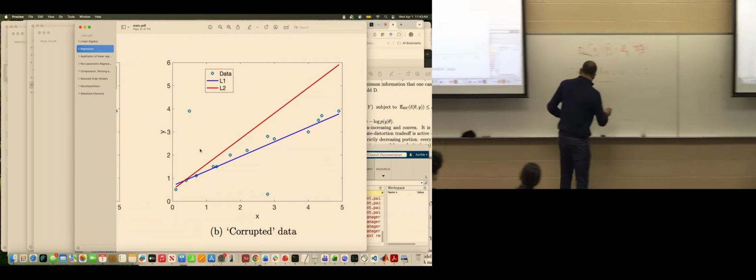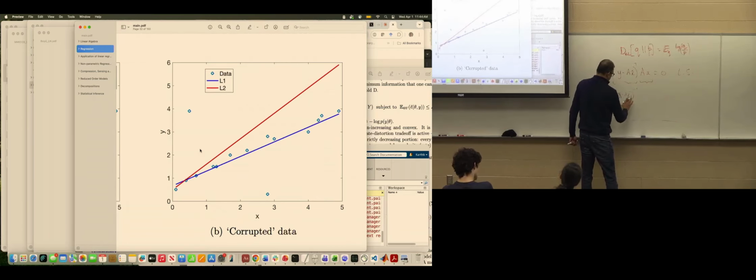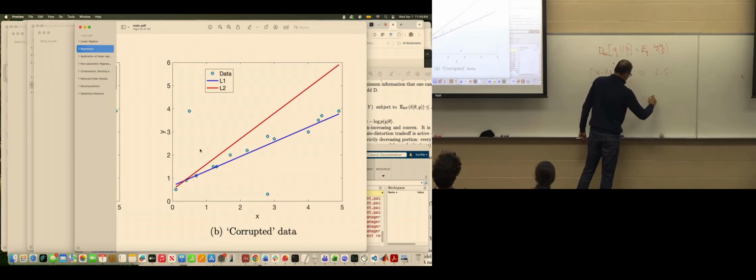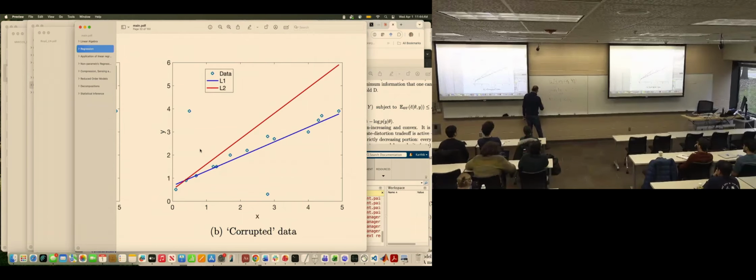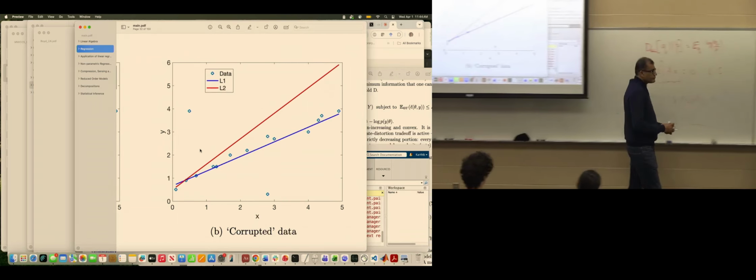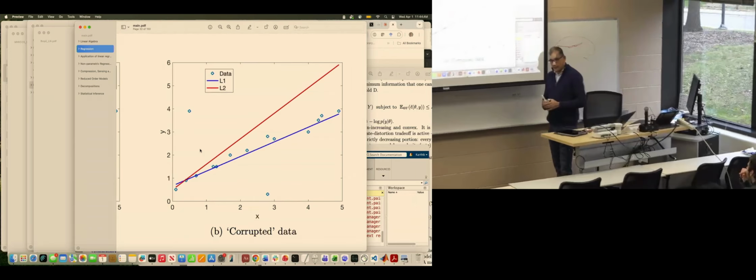Let's say for the first point, (y1 minus a x1) squared plus (y2 minus a x2) squared plus (y3 minus a x3) squared, etc. Whereas L1 is |y1 minus a x1| plus |y2 minus a x2| plus so on. Obviously the larger the error, the more it will try to hijack the model, okay? So that is why L1 can be better for outliers.